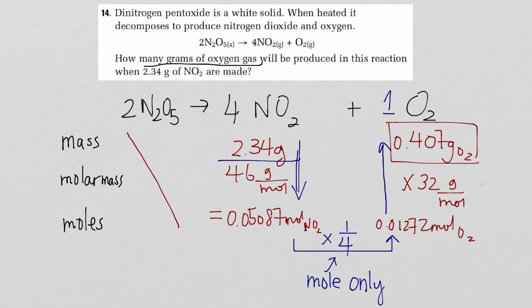Okay, so now we know that if you have a reaction where you make 2.34 grams of NO2, you will make 0.407 grams of oxygen. And we get that by converting grams of NO2 to moles of NO2. Then we use a mole ratio to get moles of O2, and then we multiply by the molar mass of oxygen to get mass of oxygen.